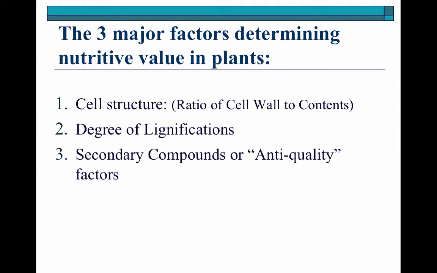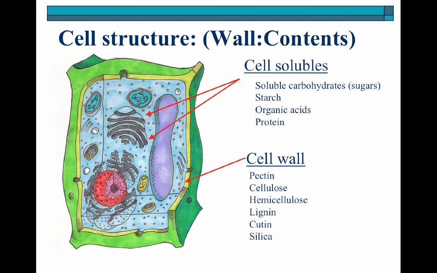The second major factor determining the nutrient value of a plant is going to be the degree to which lignification actually occurs. And we'll talk about what lignin is in just a second. And then finally, the secondary compounds or the anti-quality factors that are associated with the plant can either increase or decrease a plant's palatability and nutritive value.